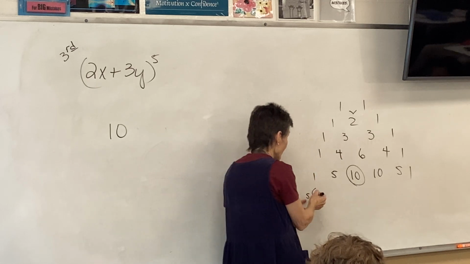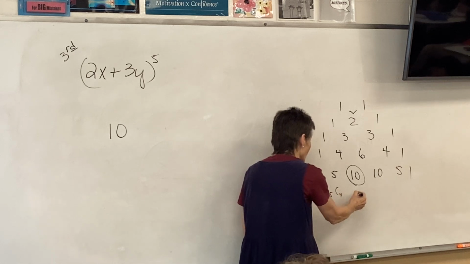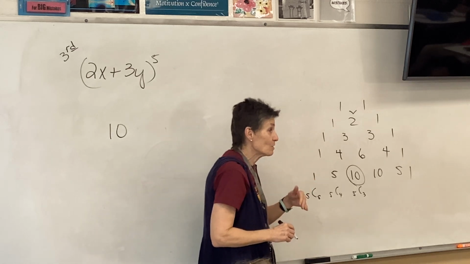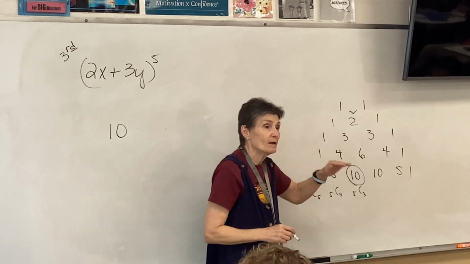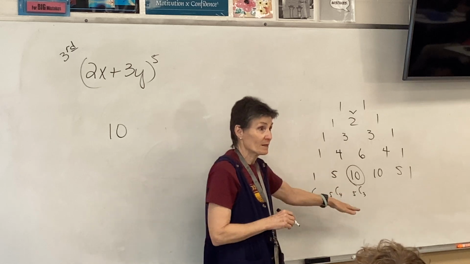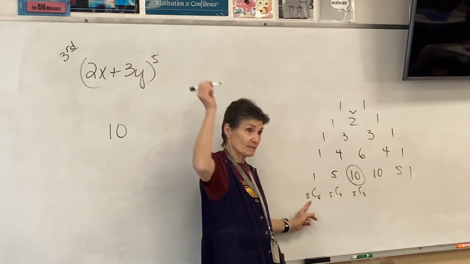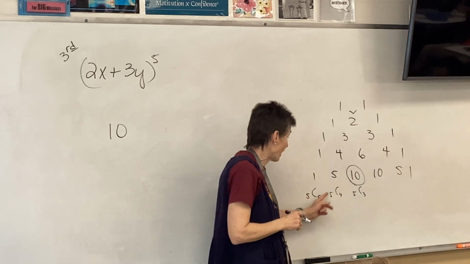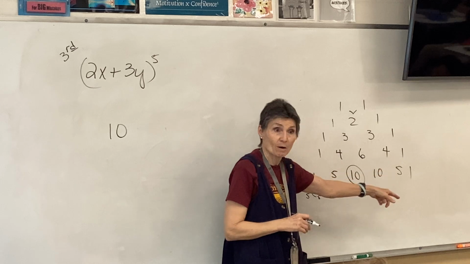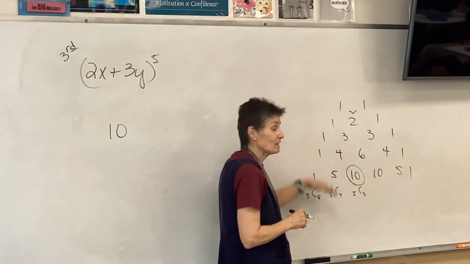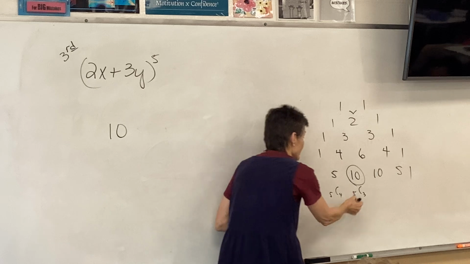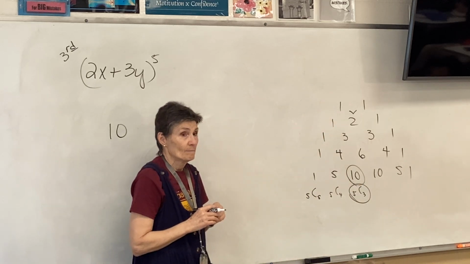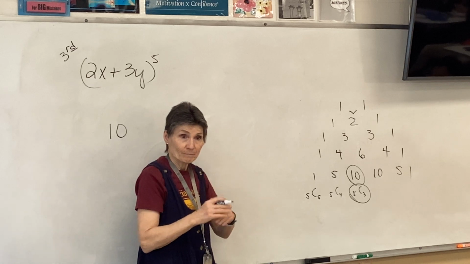And we observed that 5C5, 5C4, 5C3, 5C2, 5C1, 5C0. You can get your coefficients from the combinations. 5, because it's the 5th power, and then you count down, start with 5, just like your exponents. 5, then 4, then 3, then 2, then 1, then 0. Okay? So if you didn't want to write out Pascal's triangle, you could type 5C3 into your calculator and it would say 10. All right, so now we got our number.